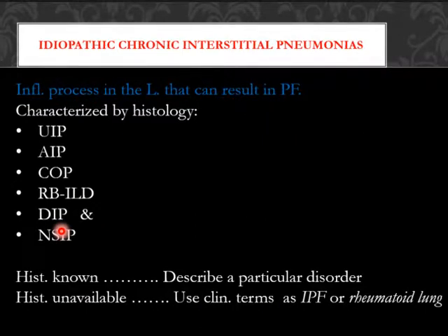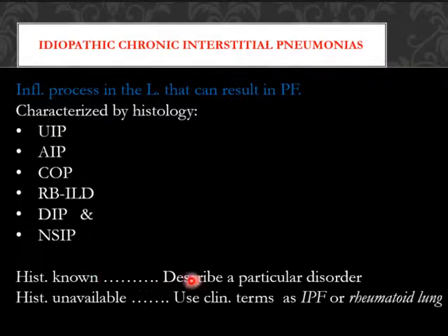We have idiopathic chronic interstitial pneumonia. They denote an inflammatory process in the lung that can result in pulmonary fibrosis, any inflammation that results in pulmonary fibrosis. They are characterized only histologically, as either usual interstitial pneumonitis, acute interstitial pneumonia, COP, RB-ILD, desquamative interstitial pneumonia, and non-specific interstitial pneumonia.